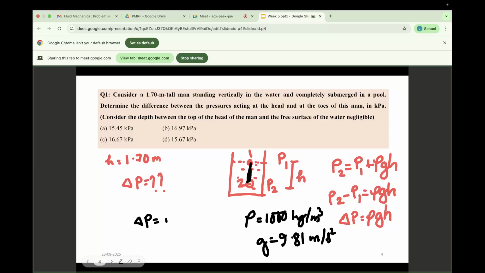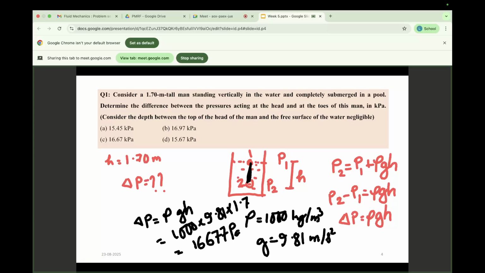So in place of rho g h I can put these values, with h as 1.7.